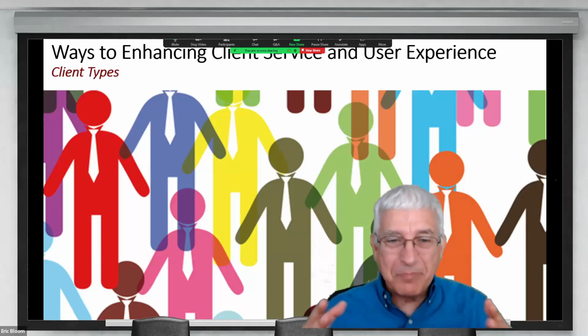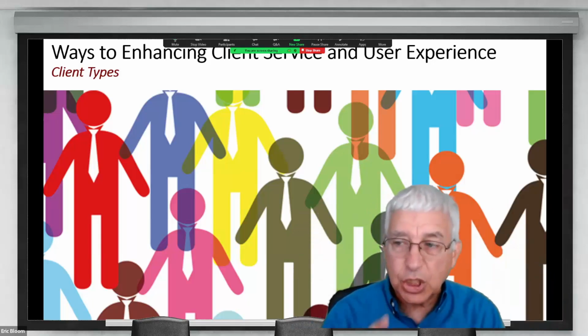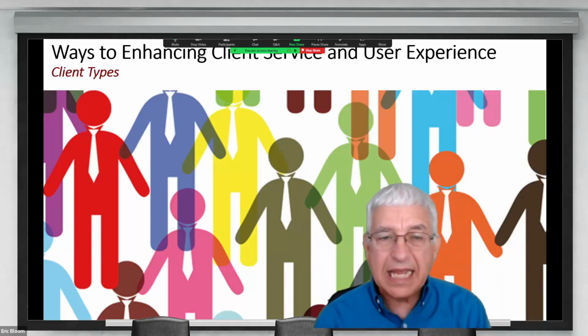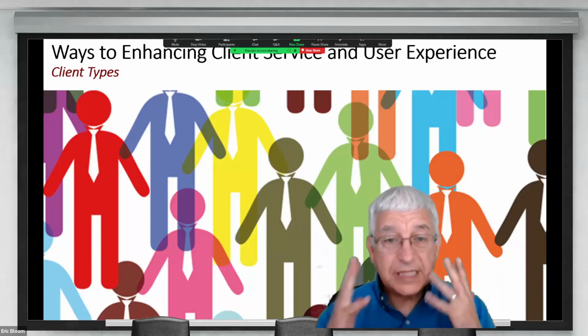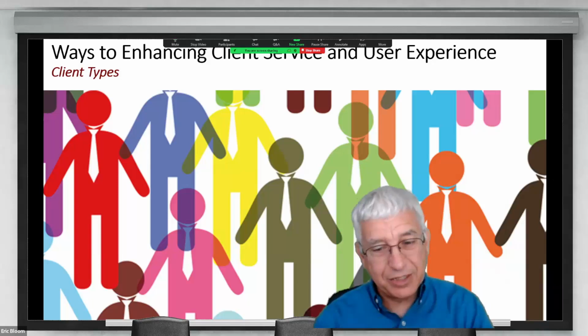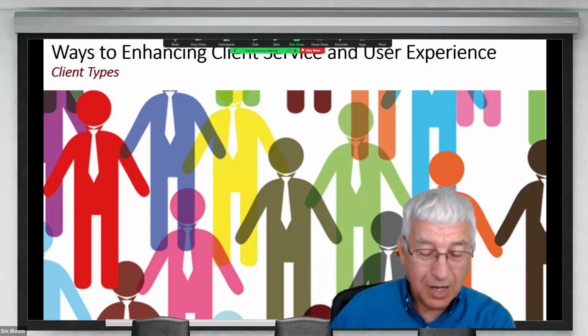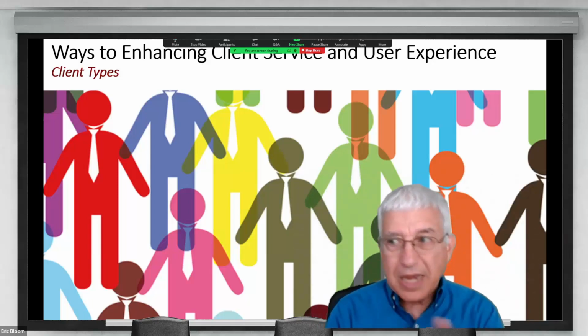And pick out people that make you think this is them. The reason it's so important for you to understand it is all of these different client types prefer different types of personalized concierge, white glove service to maximize their user experience and so on. So anyway, let's go through them.